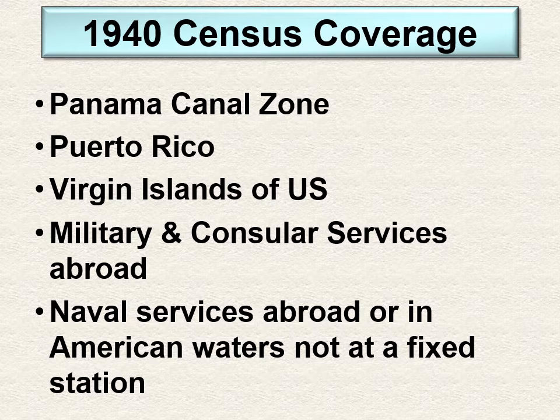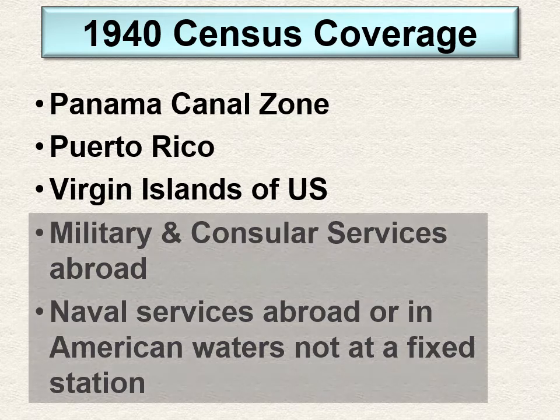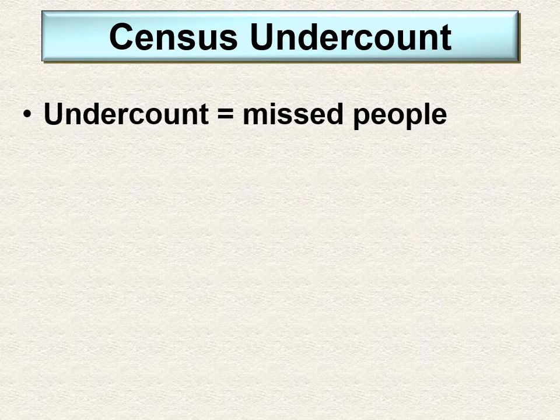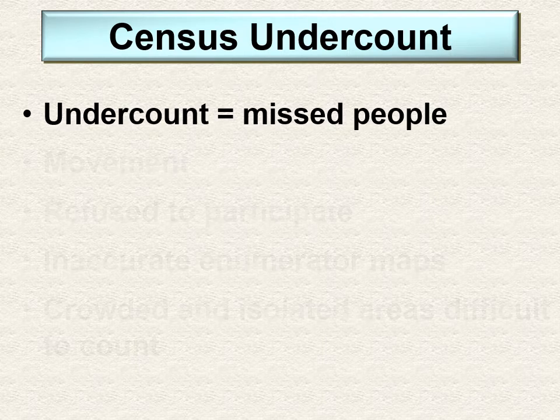And here's the second part of that, although it's not clear to me where the military and naval censuses are found. Now, one of the problems with any census is people who are not counted. That's called an undercount, in terms of missed people.